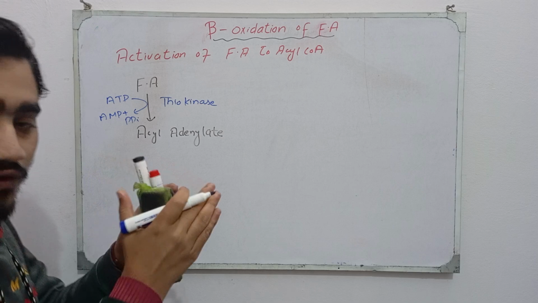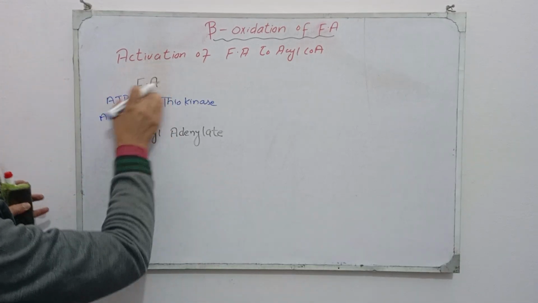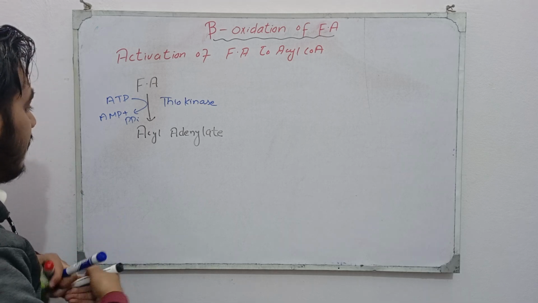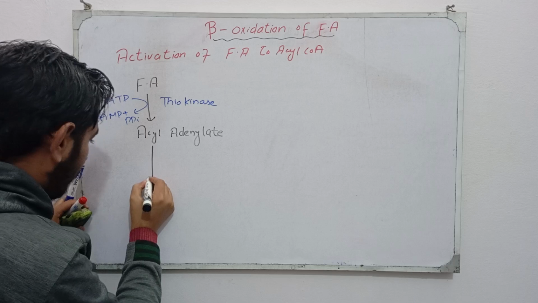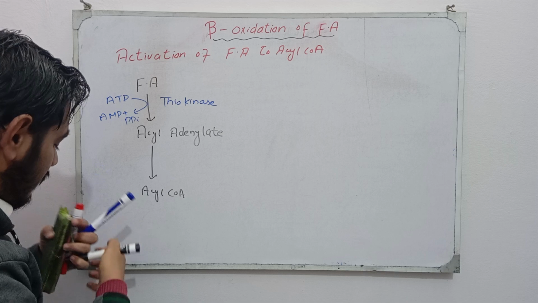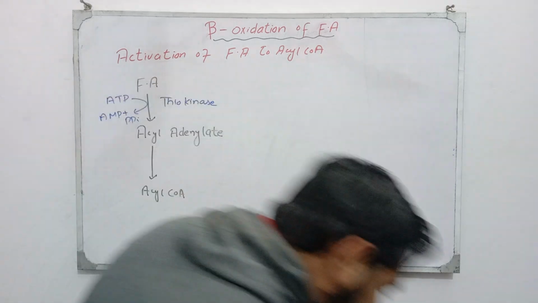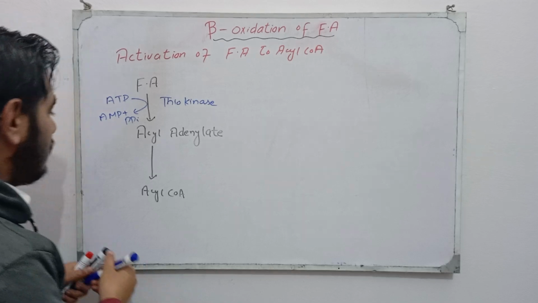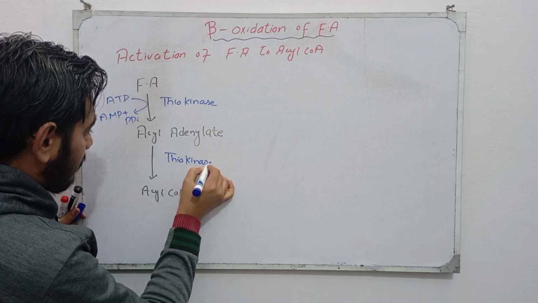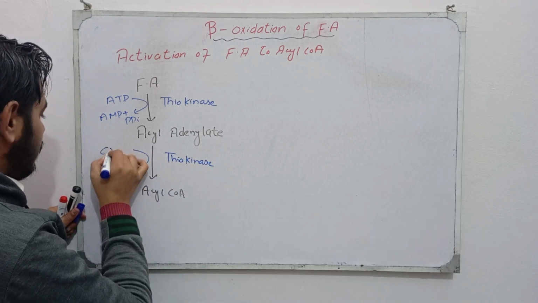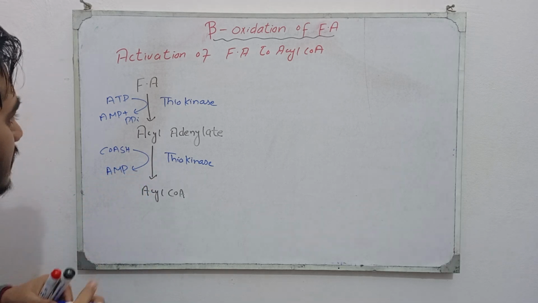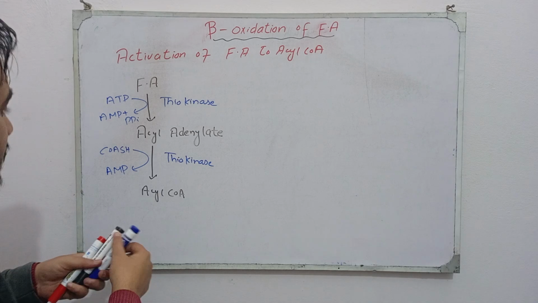There is a utilization of high energy phosphate bond by the fatty acid. In the next step, this acyl adenylate converts into acyl CoA with the help of the enzyme thiokinase, with CoASH, and AMP is released. In this way, activation of fatty acid takes place.